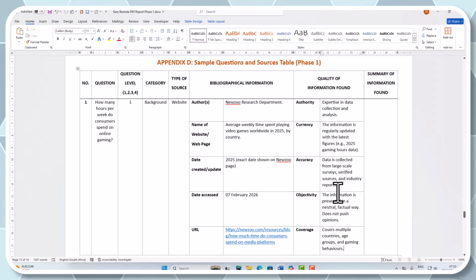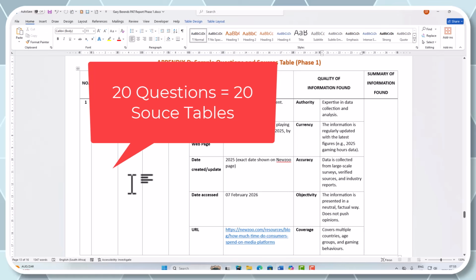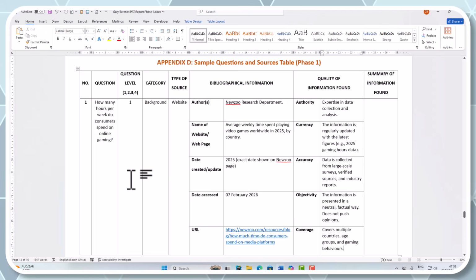But what you guys need to do for me is you're going to have to do 20, sorry guys, I almost just said 12. You have to do 20 of these tables. It's a lot of work. It's a lot of research. You need to read through this information and put down each question with its background and its website, because we're going to need this for the bibliography as well as our summary, and then we can move on to the next part of the PAT.